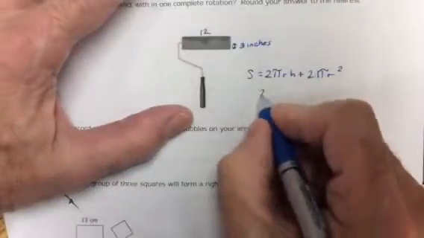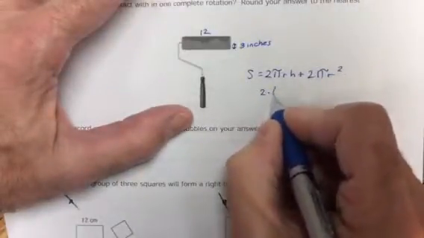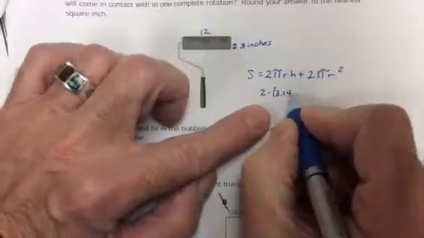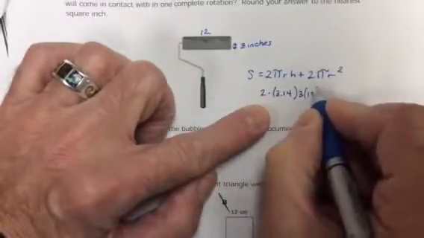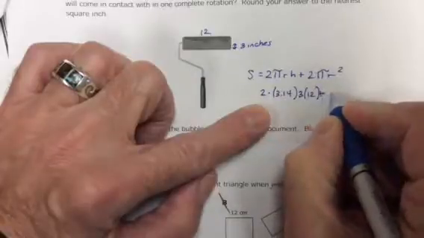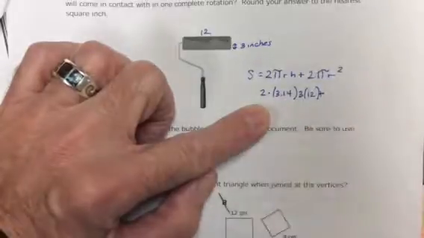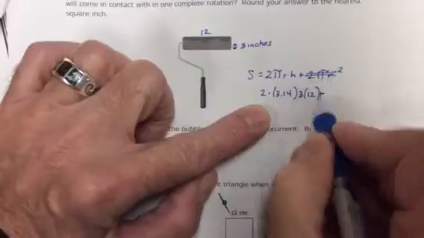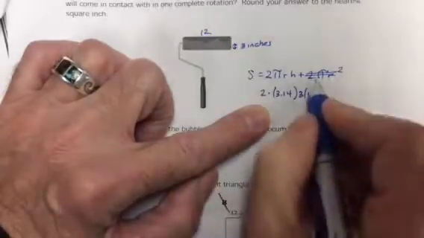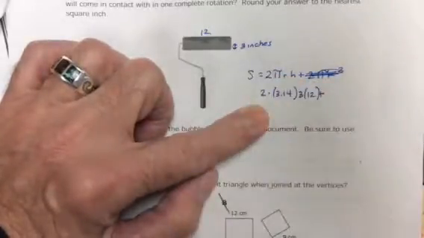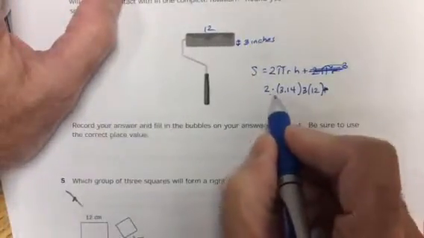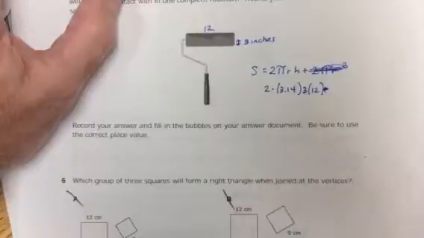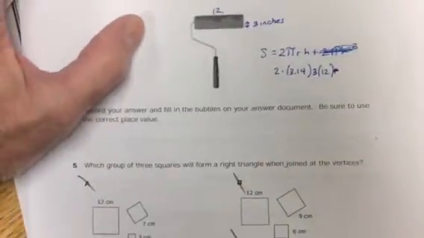Longest formula, but easiest one to do because you just plug in the numbers. 2 times pi times the radius times the height plus, and I'm sorry, it's lateral surface area because I'm not doing the total surface area. I don't want to find out how much paint is on the ends, just the lateral surface area. So it should just be 2 times pi times 3 times 12.